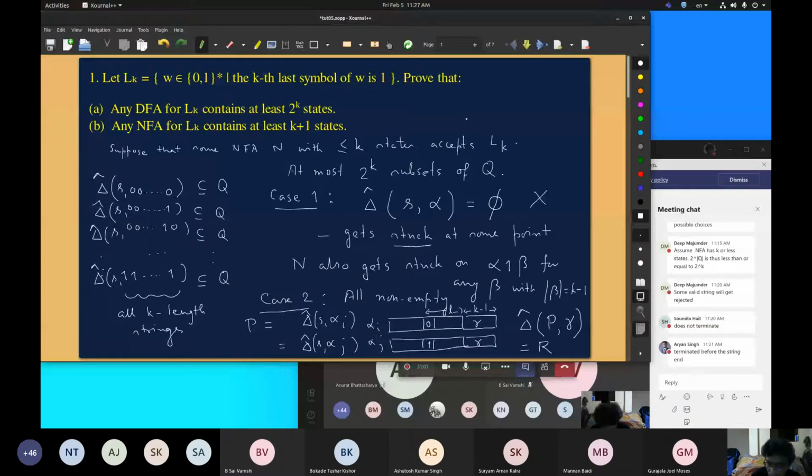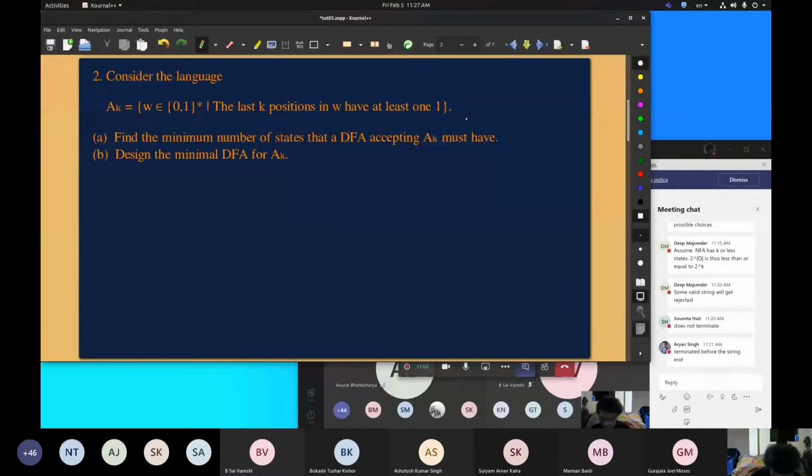This leads us to this language. Here A stands for at least. So it is the set of all binary strings such that the last k positions in w have at least one 1 somewhere, not necessarily in the kth last position. Maybe in the last position, second last position, third last position, and there may be multiple ones, but at least one should be there.